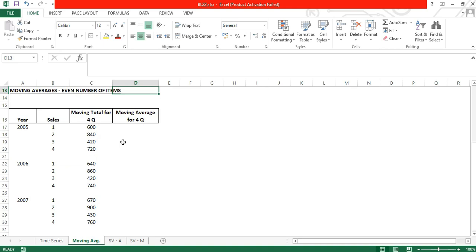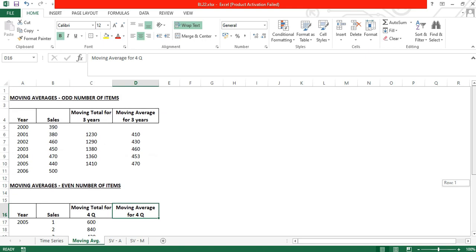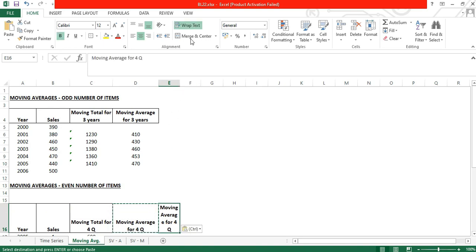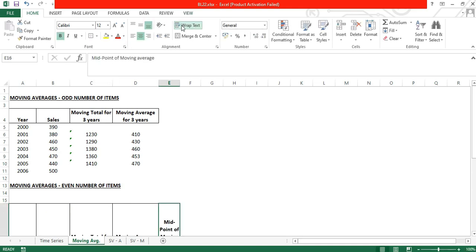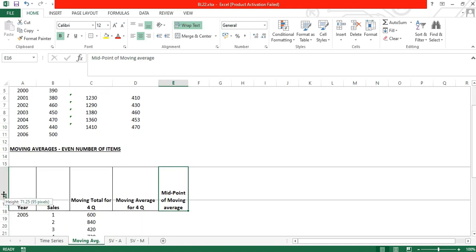When it comes to an even number of items, another thing we have to do extra compared to moving averages for odd numbers is find the midpoint of the moving average you already found, the average of the moving average, and that will be the ultimate moving average for the particular quarter.